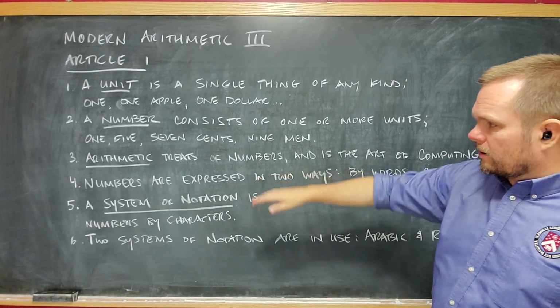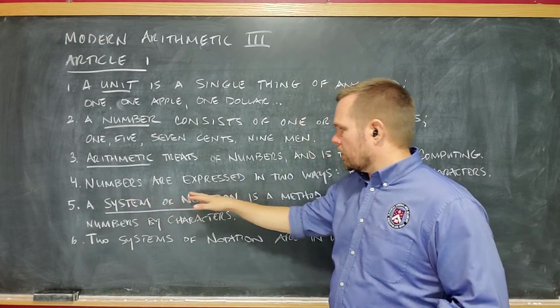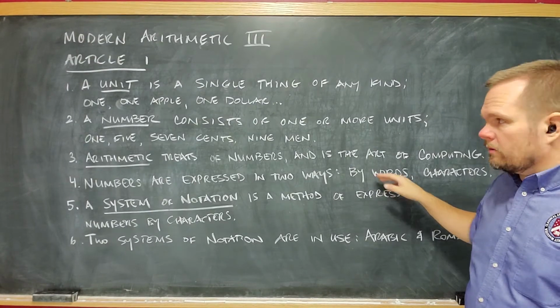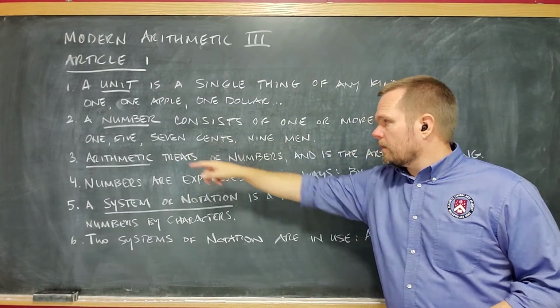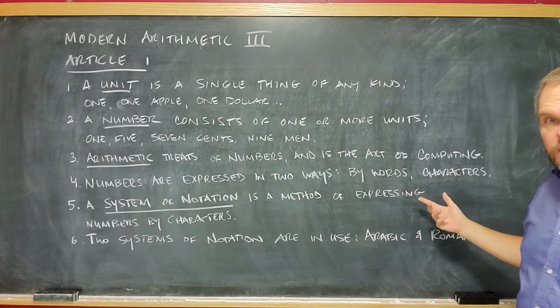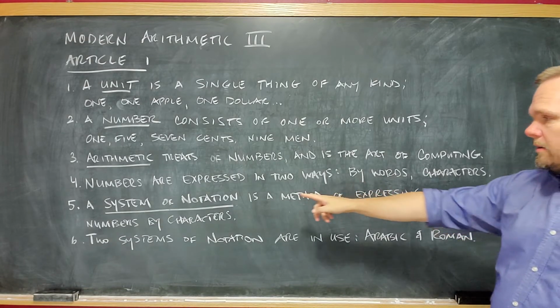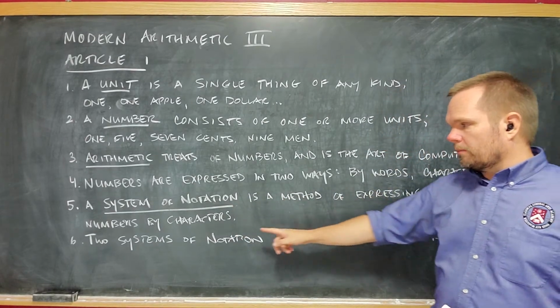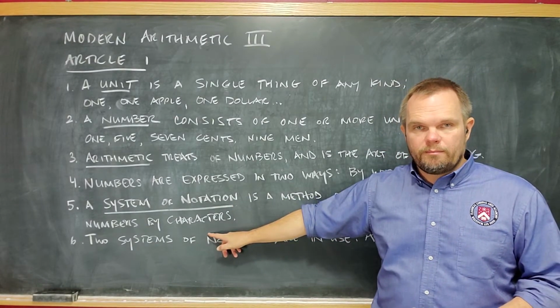So, going back to number 4, numbers are expressed in 2 ways. By words, like we saw here, but also by characters or symbols for numbers. A system of notation is a method of expressing numbers by characters or symbols.